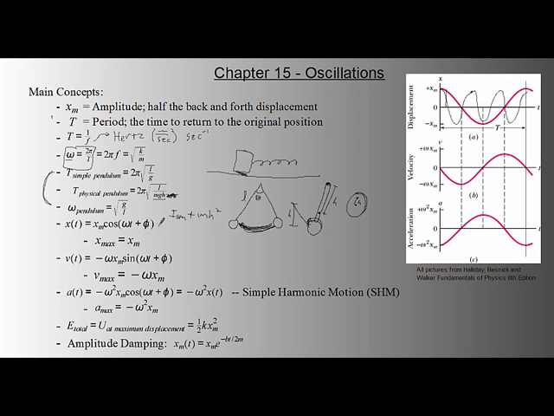Now we get these things. This represents the position of an oscillator, something oscillating back and forth with respect to time. So for example, this graph here is the graph of this. We got the amplitude, xm, that's the maximum value here, times the cosine, this is a cosine function, of the angular frequency times time plus the phase shift phi.